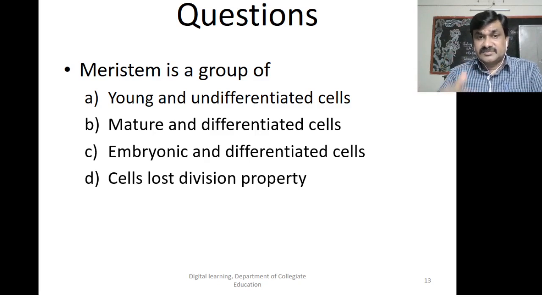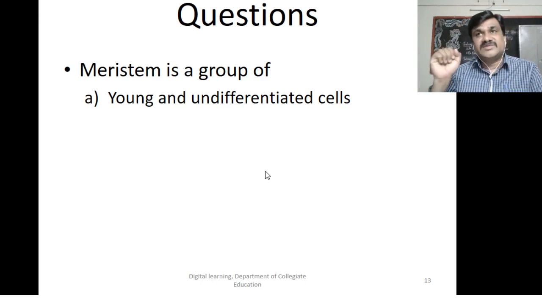Option C, embryonic undifferentiated cells. Option D, cells lost division property. These are the options. So what will be the answer? Meristem, we already know the definition. It is a group of young and undifferentiated cells. That is the correct answer.